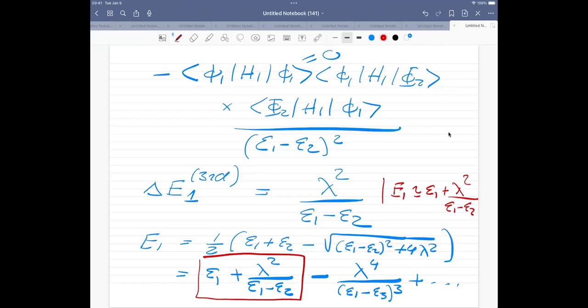That means that next week, when we look at fourth order terms, what we are going to recover is this term here. So that's why you can think of many-body perturbation theory as a Taylor expansion around a specific energy. And clearly, this series converges if the ratio between lambda and epsilon 1 minus epsilon 2 is smaller than 1 in absolute value.